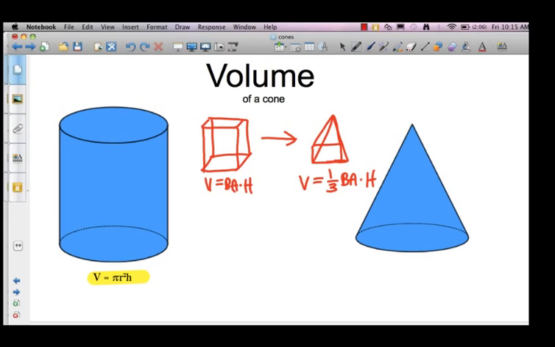That relationship holds true between cones and cylinders. So what we will see is that the volume of a cone is going to be 1/3 pi r squared h, or 1/3 of the volume of a cylinder with similar radius and height.